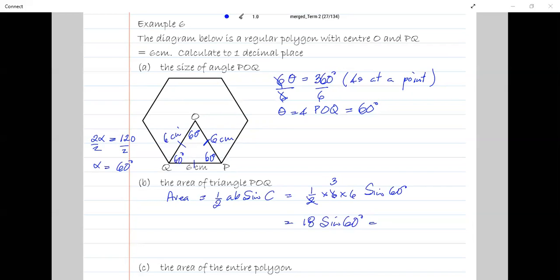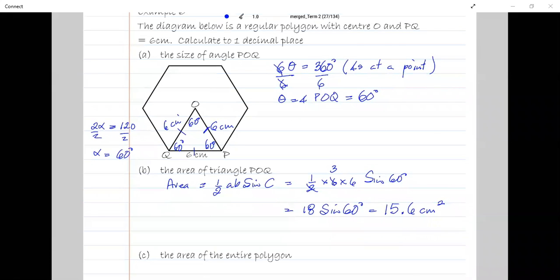You should see a button marked sine on the calculator. We get 15.6. You have to press 18 first, then sine, then press 60 degrees, then press equal. And the answer here is 15.6, and this is centimeters square.